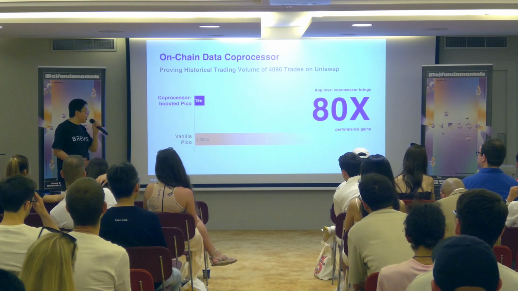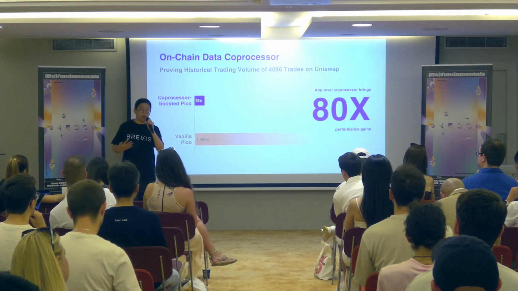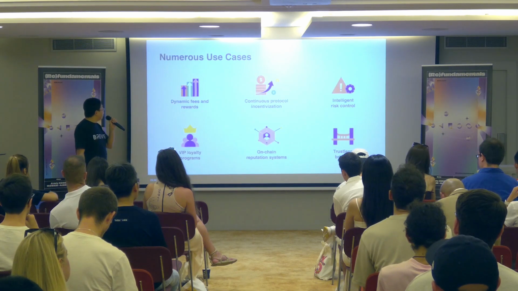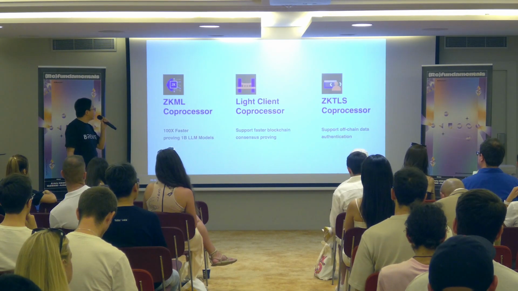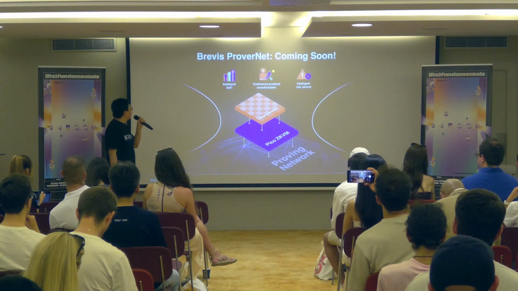This is a really unique and special thing about Brevis's overall architecture, because we have this modular architecture for the ZK VM. And there are so many different ZK coprocessors and use cases for Brevis as well.